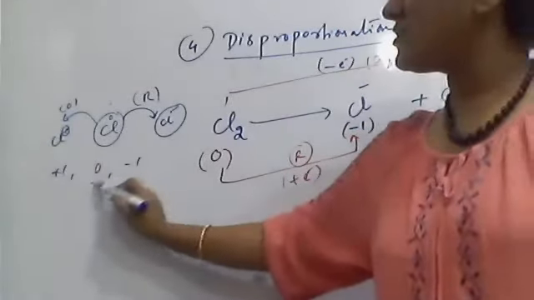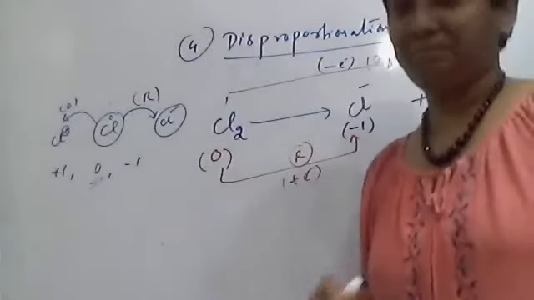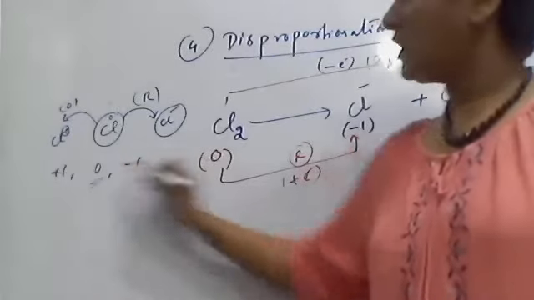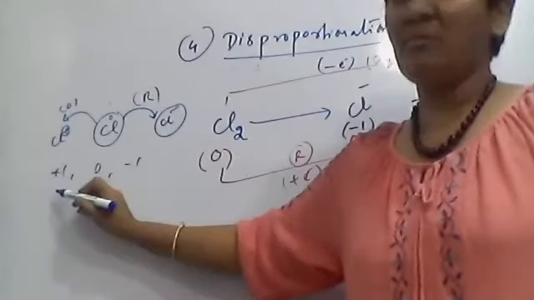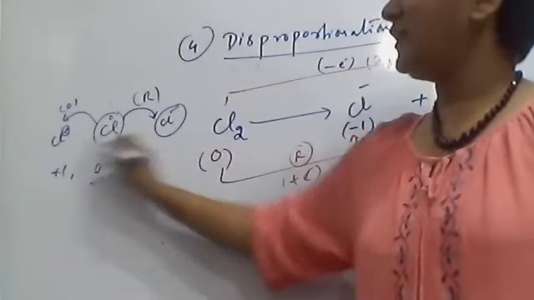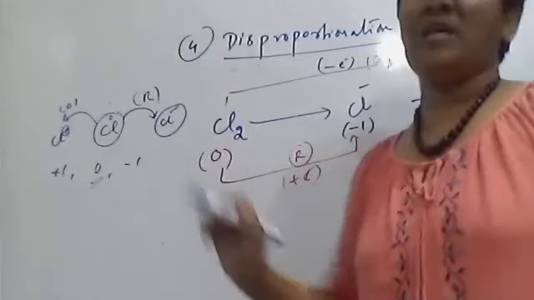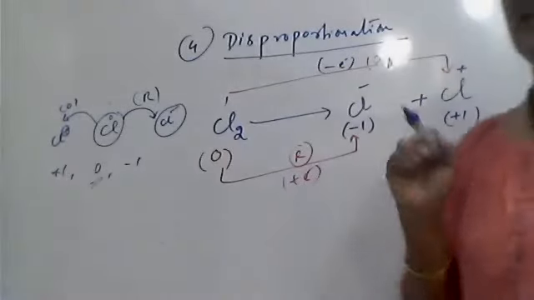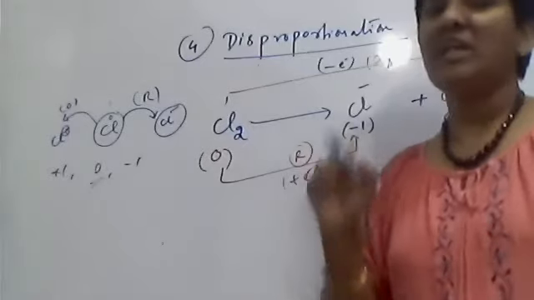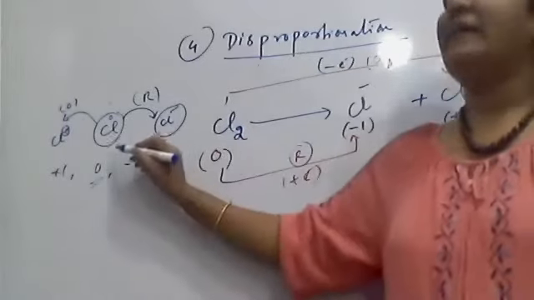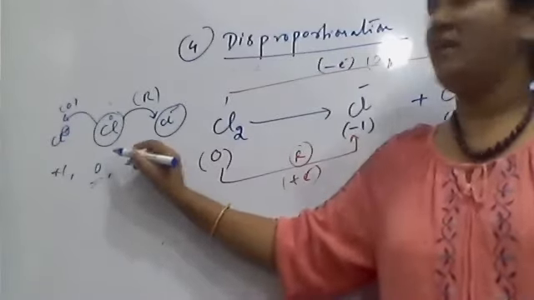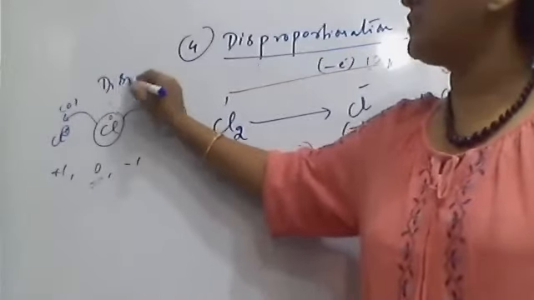What is the 0 oxidation state? Intermediate. Because out of these 3, minus 1 is less, plus 1 is more, so 0 is intermediate to minus 1 and plus 1. So if any element is reduced and oxidized from its intermediate oxidation state, it is called disproportionation.